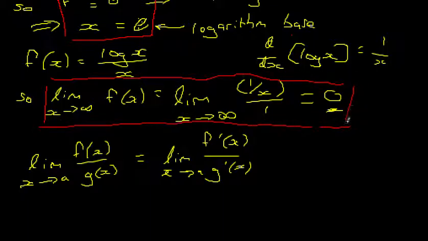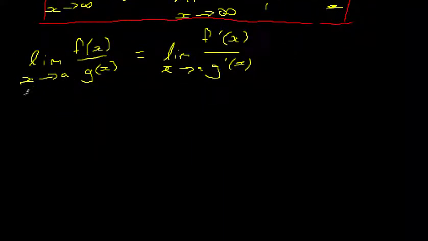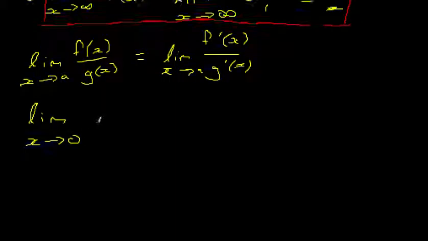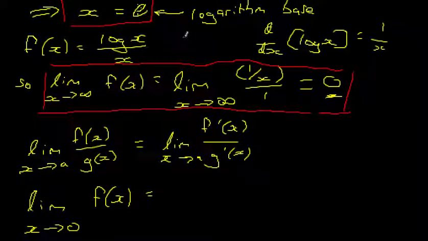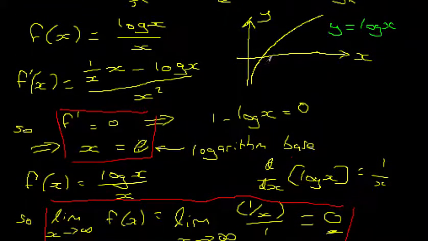And now we need to look at behavior near the origin, right? That's the other extreme value that we're interested in. So the limit as x approaches 0 of f of x is equal to, well, let's think about this. As x goes towards 0, it's going to be 0. As log x goes towards 0, this is going to be negative infinity.